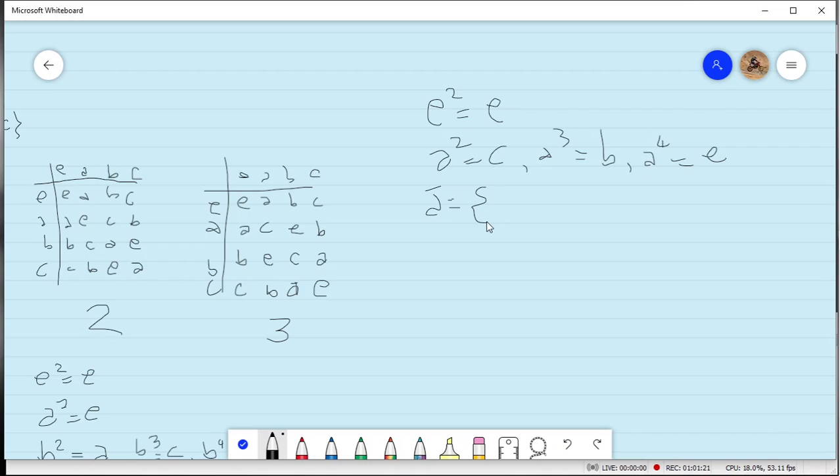It contains all four elements: A, C, B, and E.